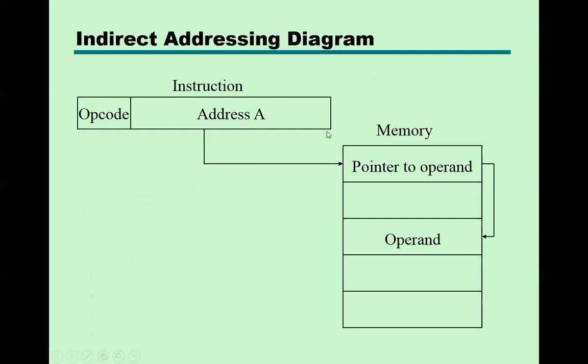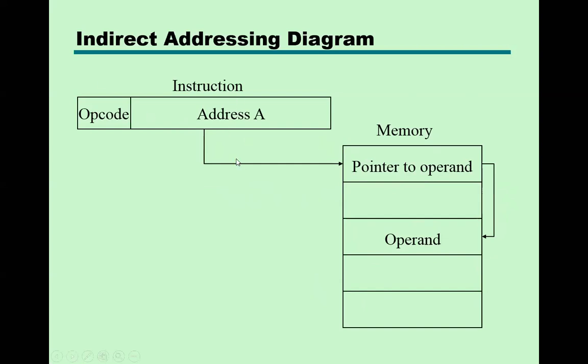So you are accessing memory multiple times, first and then second, to access an operand. But in our previous example, you directly access the operand. That's why it is faster compared to indirect addressing. Indirect addressing is slower. Why slower? Because multiple times you have to access your memory to access the operand.